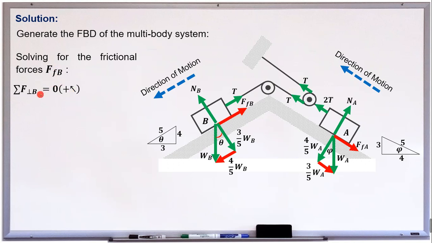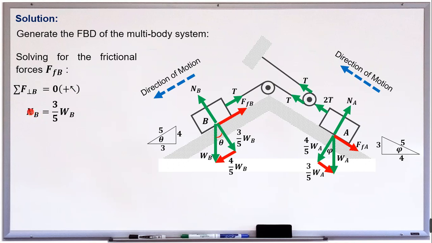Now, next we are going to solve for the frictional force FFB, starting with FFB. If we take summation of forces on block B on the normal axis, that is the axis perpendicular to this inclined surface, that is equal to 0. And we take the positive force if it is oriented towards top left, as depicted by this arrow.